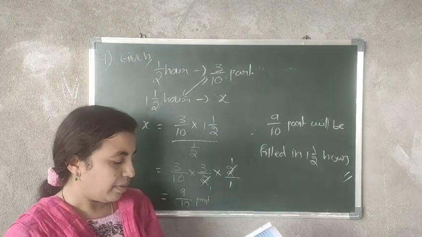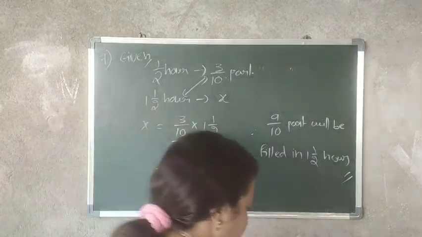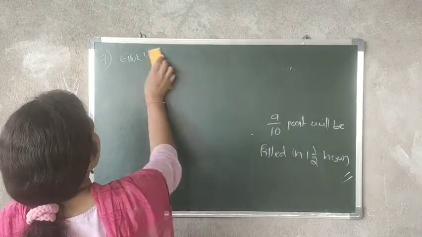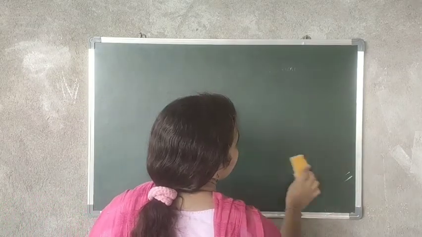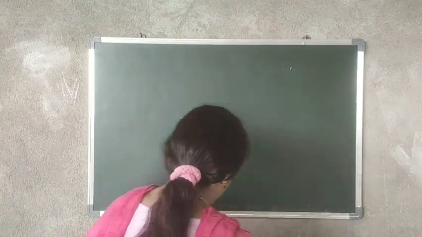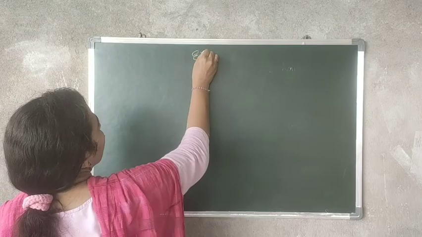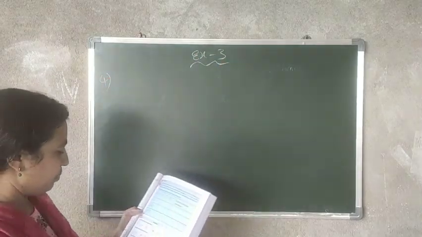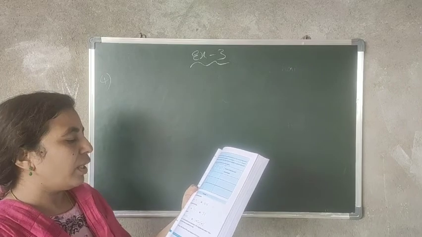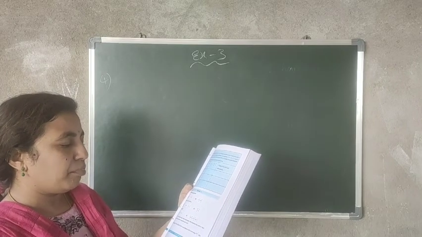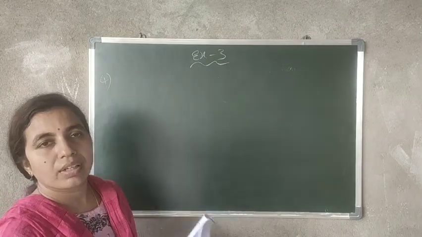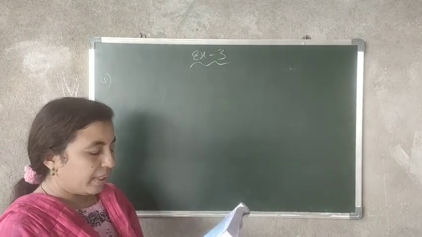So fourth one, Rehana works 2.5 hours each day on her embroidery. Embroidery, you know, stitching. So what is she doing?